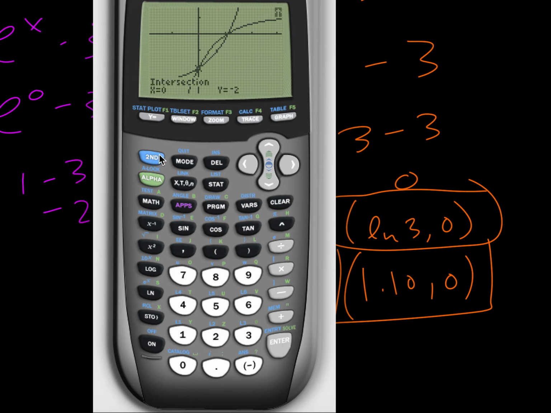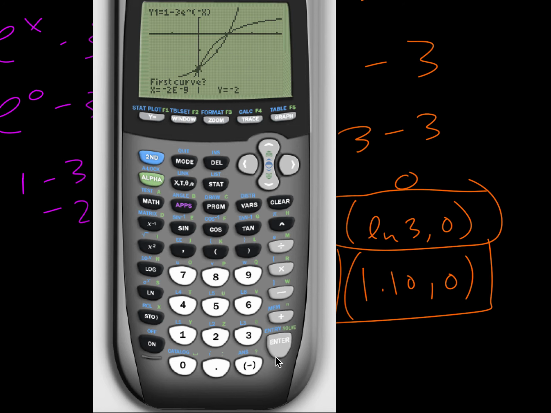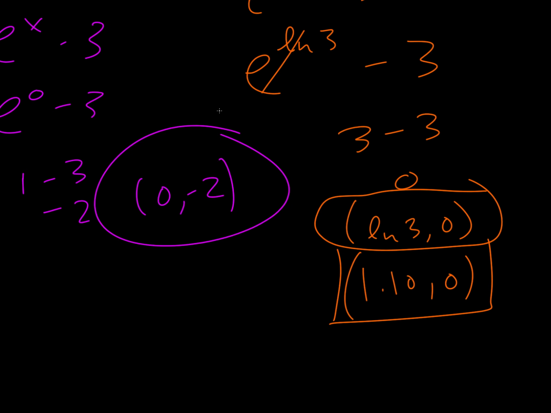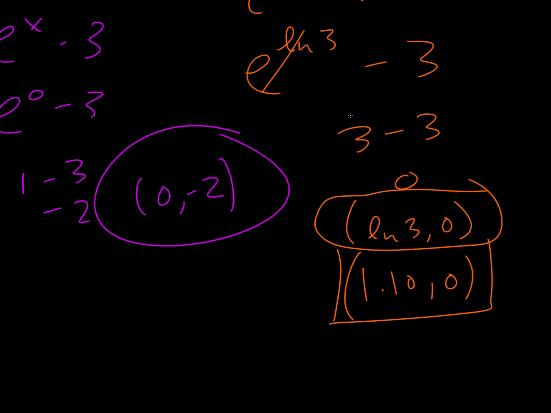And then let's check the other one. Go to intersect again. Curve 1, curve 2. This time we want to test this one. And we get 1.10 if we round it, comma 0. And so that did check out. So let's move on to the next one.